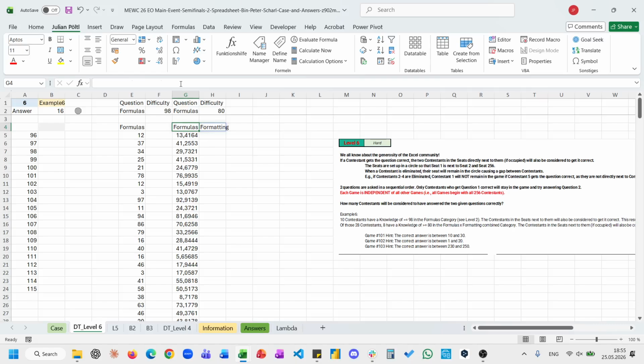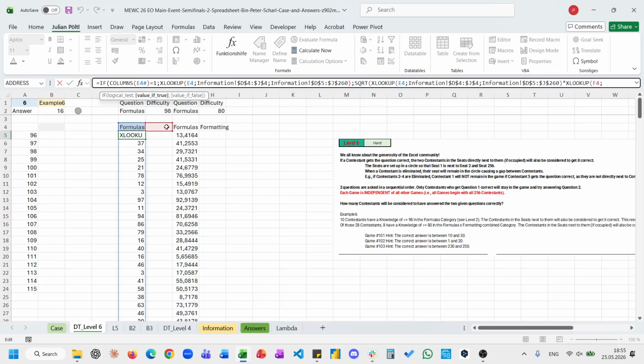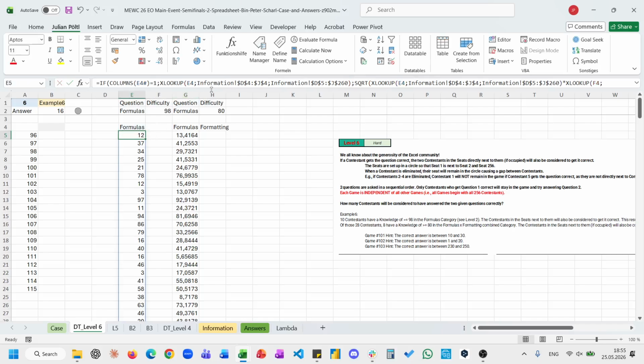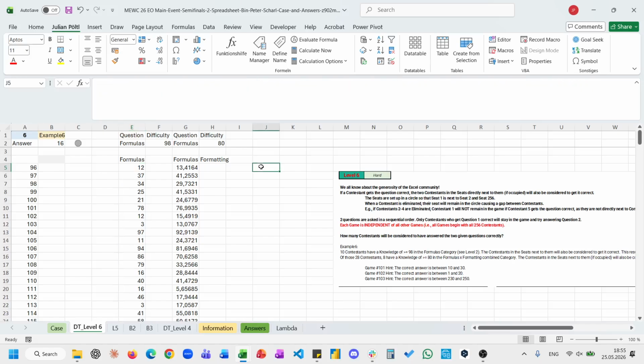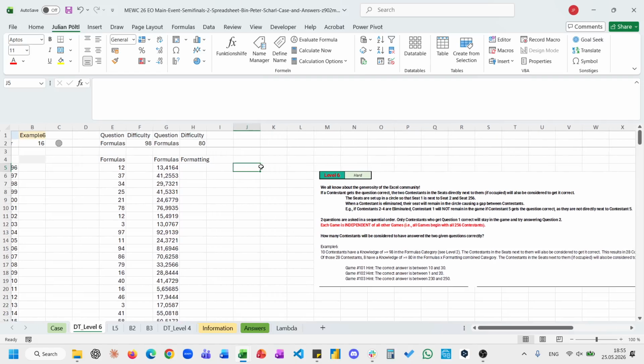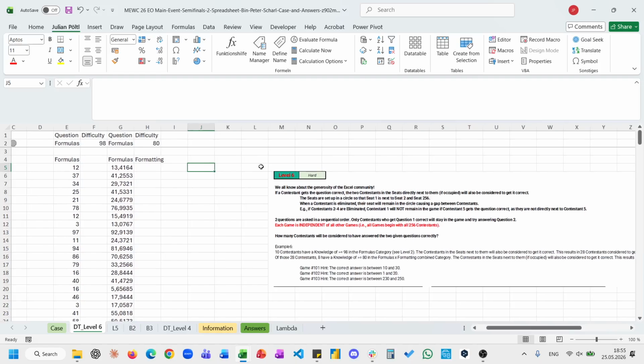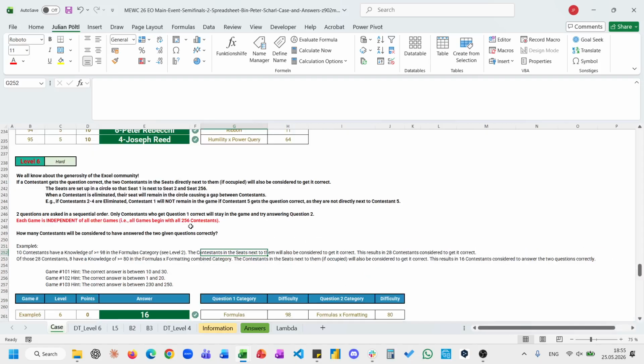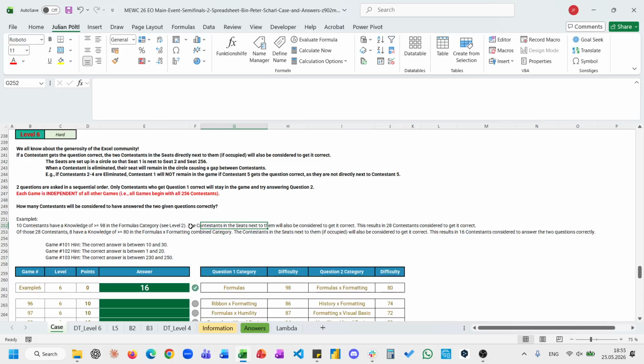Text split is working, this is working, this is working, and then when a contestant is eliminated, their seat is remaining, but since they are independent, we are always starting with 256 competitors.